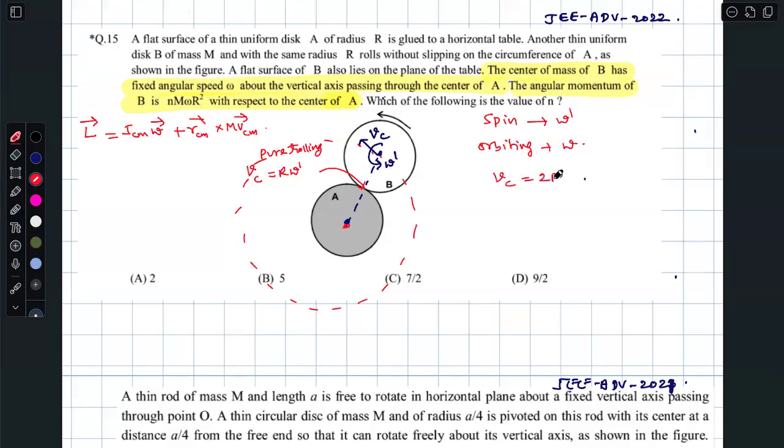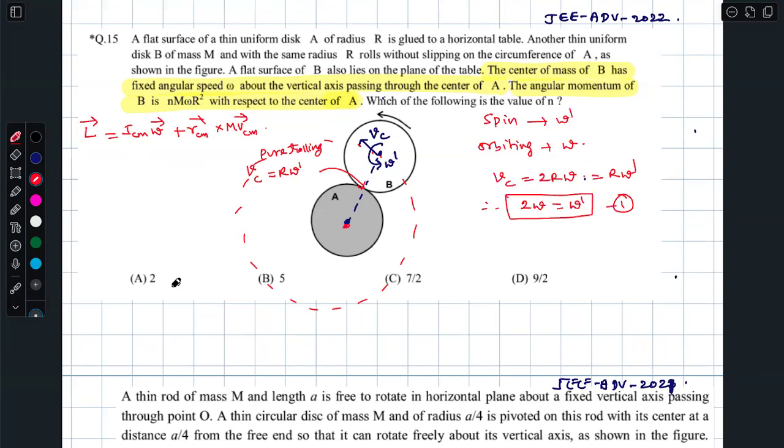This is nothing but 2R omega. Agreed? If the center of mass is moving in a circle of radius 2R, the orbiting angular velocity is omega. And one more important point: this is nothing but R omega dash. So therefore, 2 omega is omega dash. That's my first observation.